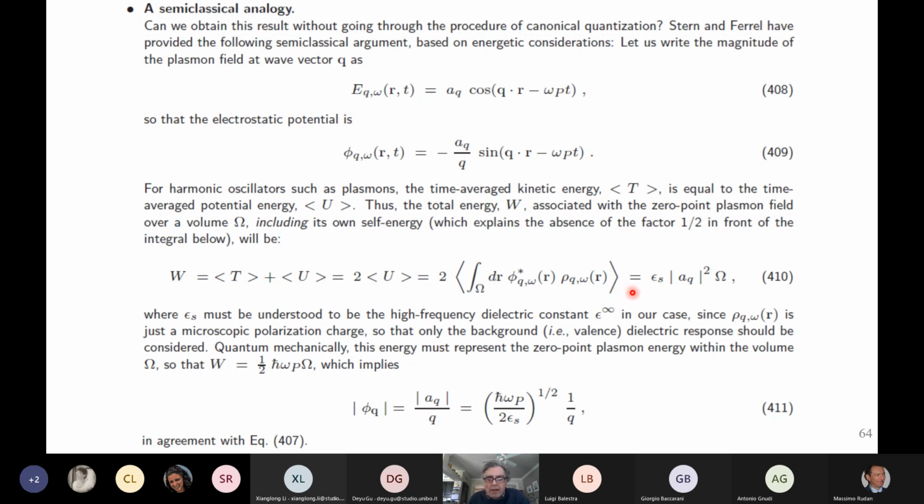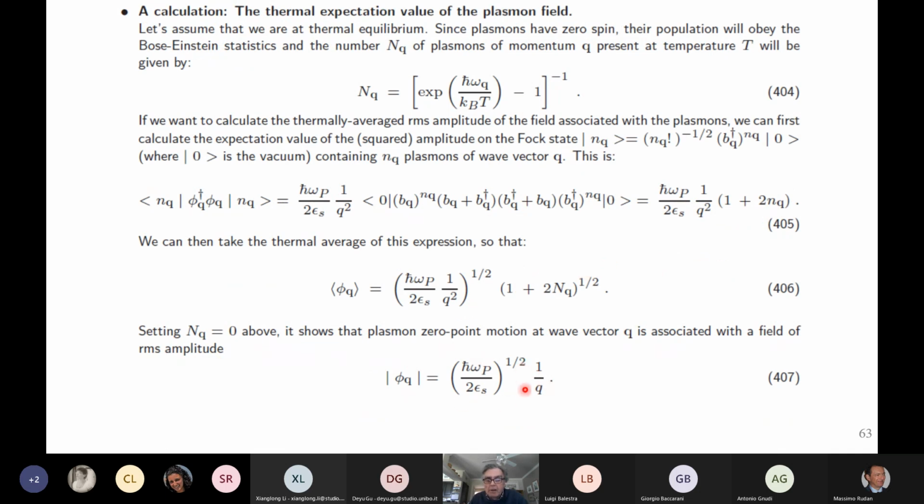So let's do this little trick, and let's say, well, classically this is 0 because the system is in a ground state. Let's set it instead to the ground state energy of the system, 1/2 h bar omega p times the normalization volume. And then we see that phi of q, which is what I get from this integration, is equal exactly to a_q divided by q, which is this object, which I can obtain from this expression, which is exactly what I get from this equation.